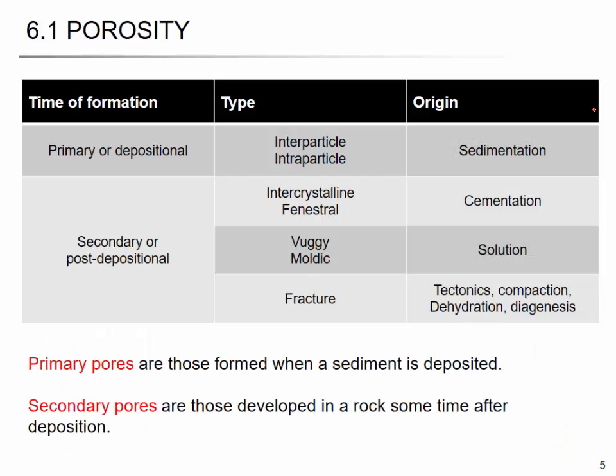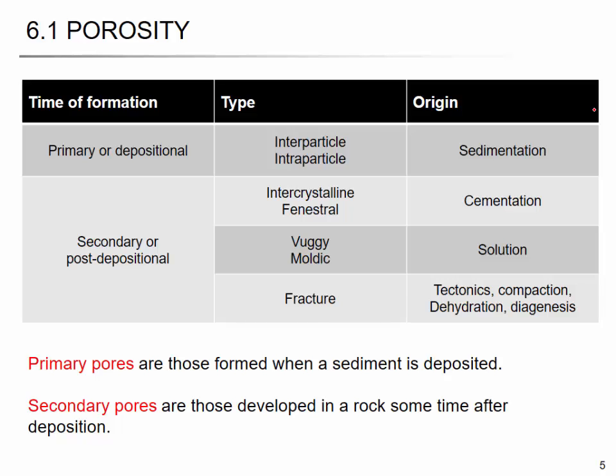And depending on the time of the formation of the pore, you can categorize it as primary pore and secondary pore. So primary pores are those formed during the sedimentation, when the sediment is deposited. So you can imagine that the gravel or the soil particles are transported from the river and they are deposited, and that's the primary pore.